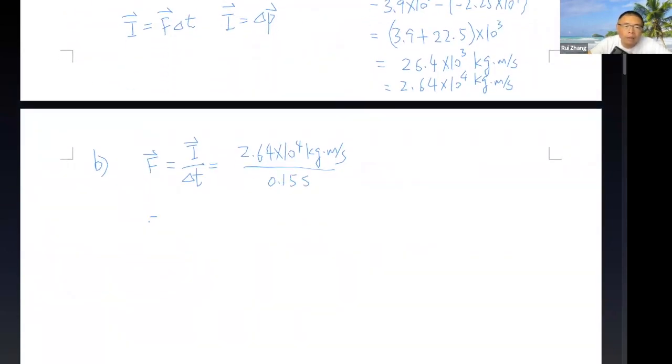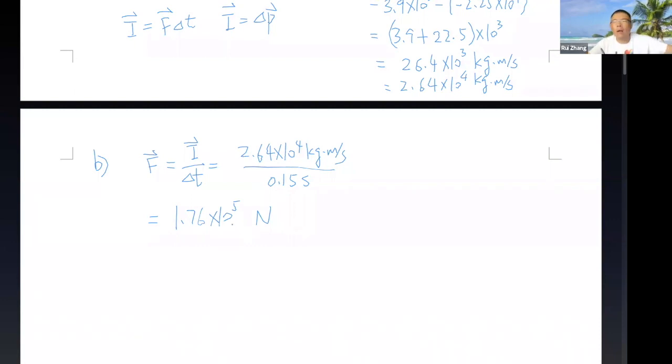This gives us the force: 2.64 divided by 0.15 is 17.6, or 1.76 times 10 to the fifth newtons. So that's the average force from the wall.